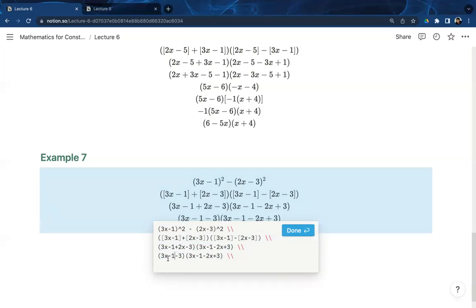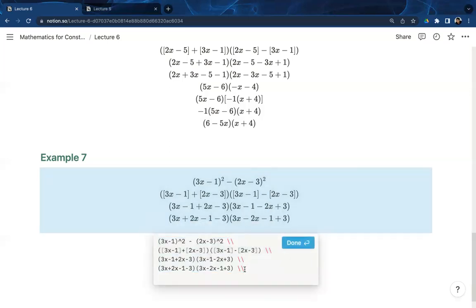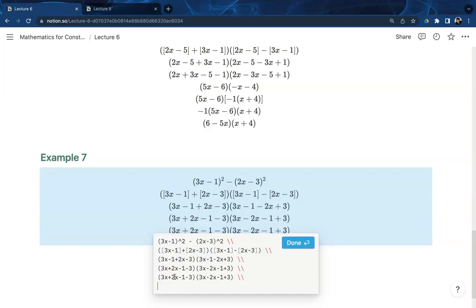I just rearrange terms now. So the 2x comes here, the minus 2x comes here. What do we do next? This is 5x. Minus 1 minus 3 is minus 4. And 3x minus 2x is just x.